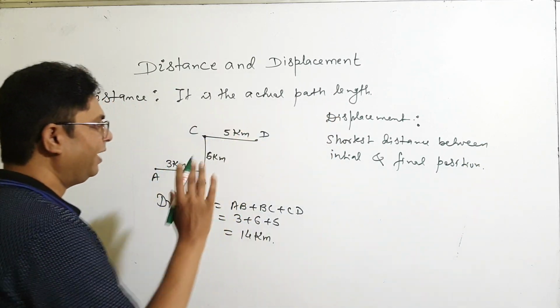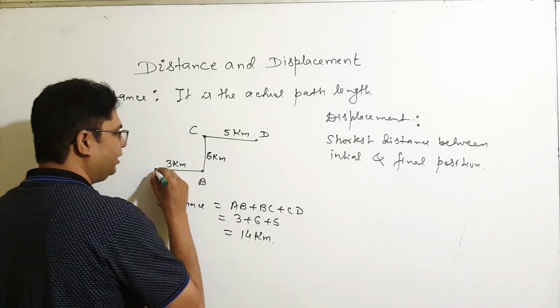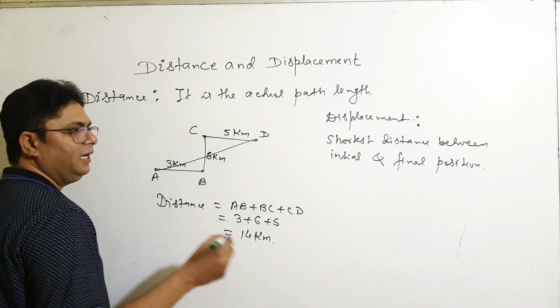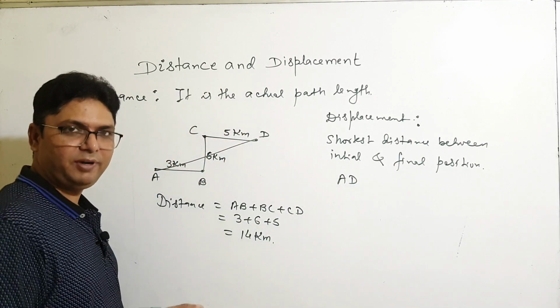So if you have to find displacement here, then let us join this A and D point. Then AD is displacement. What will be the value of AD here?